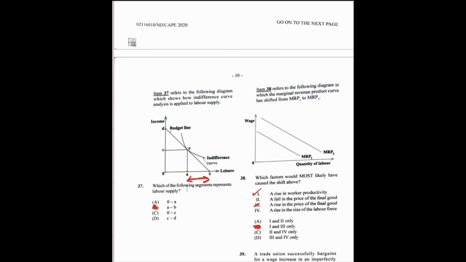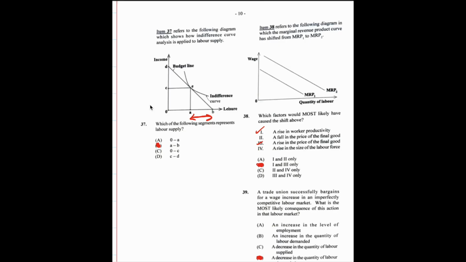That's why the firm will demand more labor, as shown by the shift from MRP1 to MRP2. And likewise, an increase in the price of the final good will also stimulate a shift outwards, in the sense that with the higher price, on the producer end, there's potential to make more profit. So there would be an increase in the demand for labor in that regard.